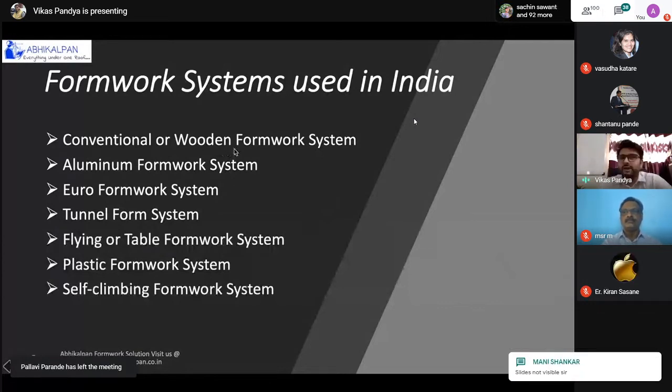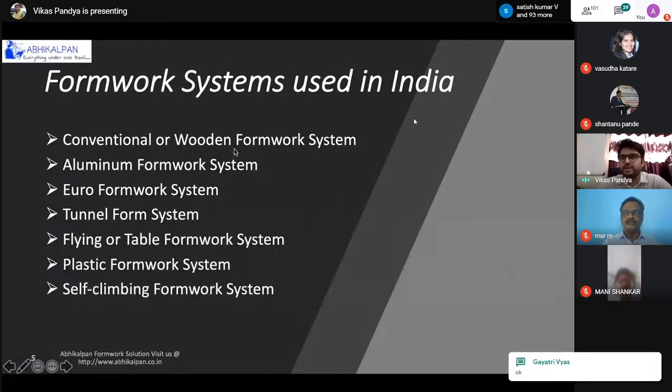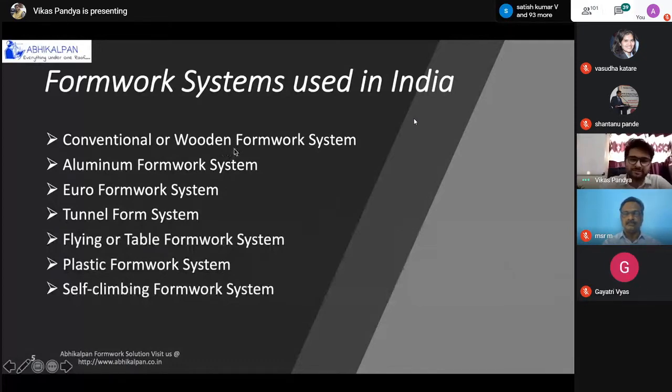Design changes are possible in this formwork system as we design it at site only, so till the casting, we can change our drawing. Also external and internal plaster will be required because the finishing of the concrete is not that good, and maintaining accuracy using this formwork system is also quite difficult.